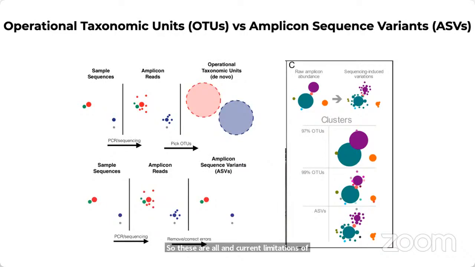And in recent years, we have come to introduce denoising through several different algorithms as an alternative to the clustering method generally employed to cluster related sequences together. This denoising helps us eliminate sequencing errors before forming these clusters, and the results are hence referred to as amplicon sequence variants.